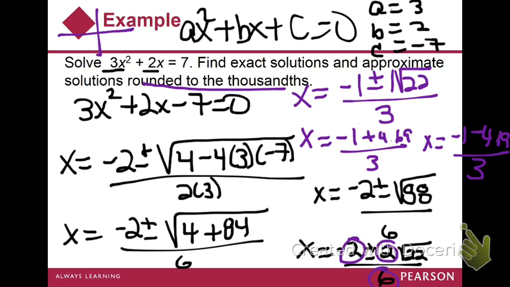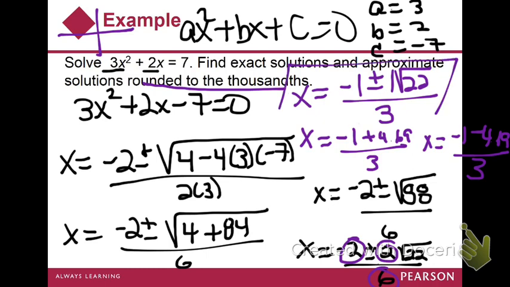So it's 1.230, and the other is going to be negative 1 minus 4.690 divided by 3, and that's negative 1.90. So those are where my two zeros are going to approximately be.